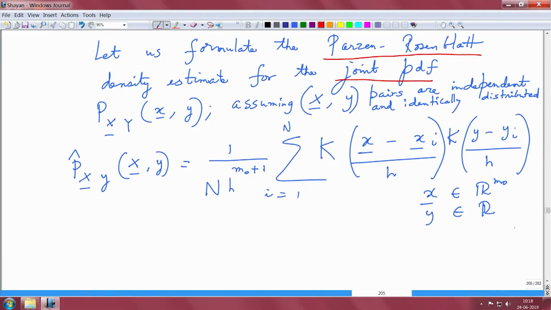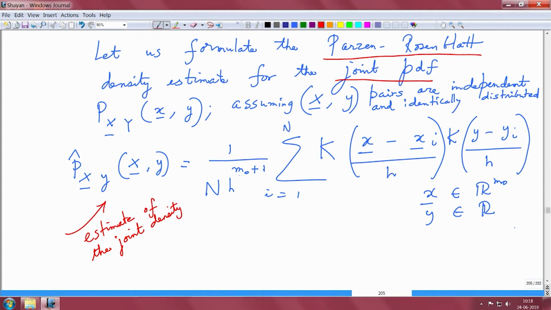We assume these pairs x, y are independent and identically distributed. This is a reasonable estimate. Therefore, the estimate of the joint density of x and y is given by this quantity, 1 upon n times h power m naught plus 1.